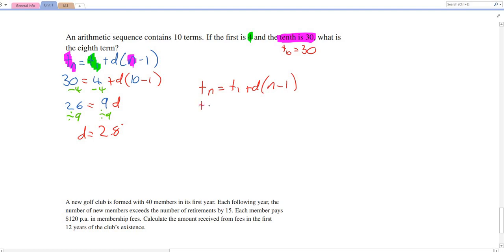We're trying to find T8, which equals 4 plus 2.8 recurring, times 8 minus 1. Put that in your calculator, what do you get? I would leave it as a fraction, 26 divided by 9, and then that'll have it exact.